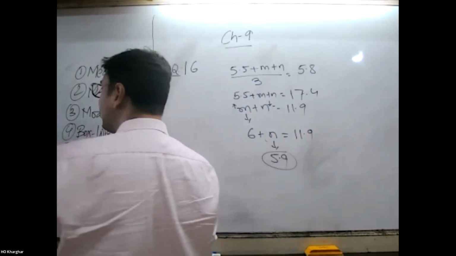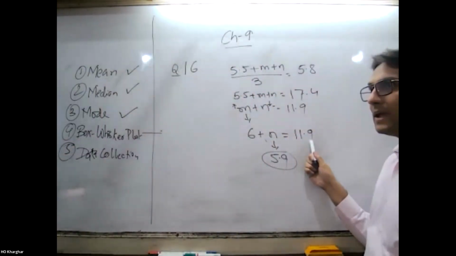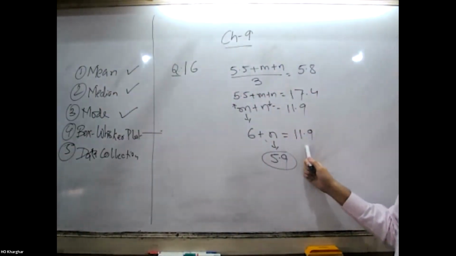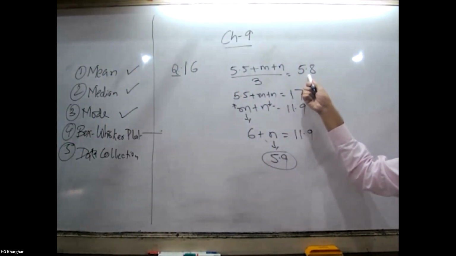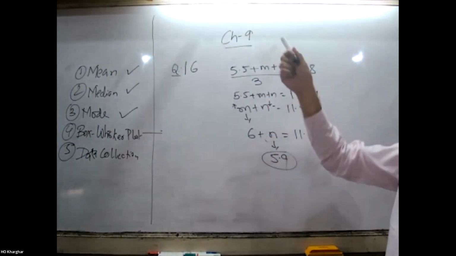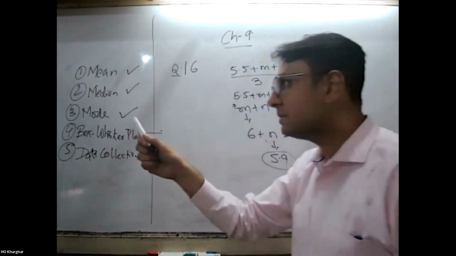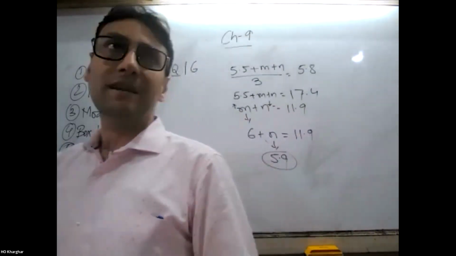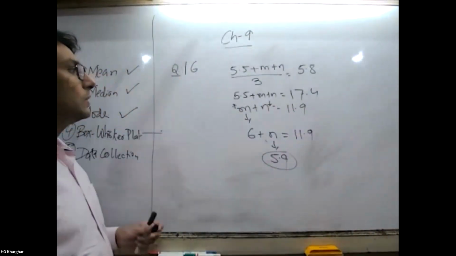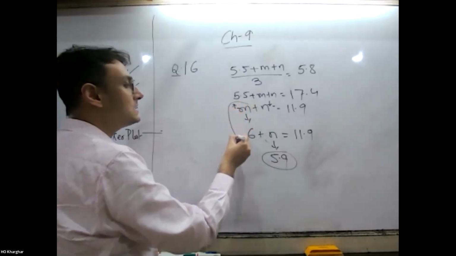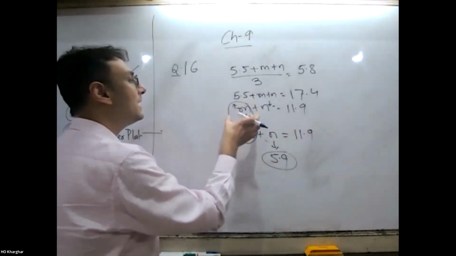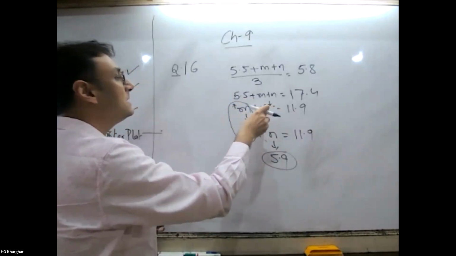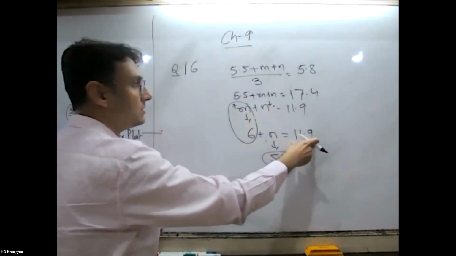Any score less than 5.9 will not make my sum 11.9 and will not make the average 5.8, and that means she is not going to win whatever competition she's facing right now. I've maximized m so that I'm minimizing n, because their sum is constant.